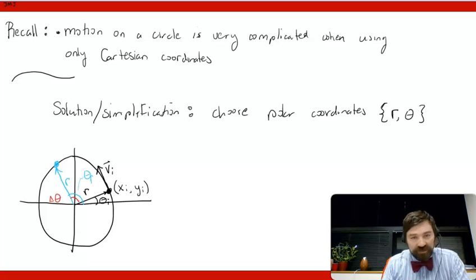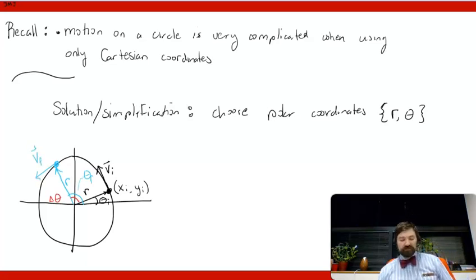And at this moment in time, it now has a velocity that's more or less in this direction, v final. In other words, the velocity is always kind of tangential to the circle. And that means that because the direction has changed, there must be an acceleration. And our analysis got very complicated at that point in Cartesian coordinates.